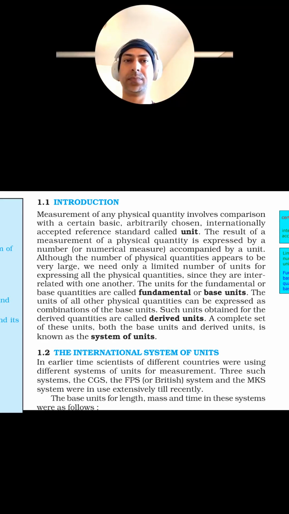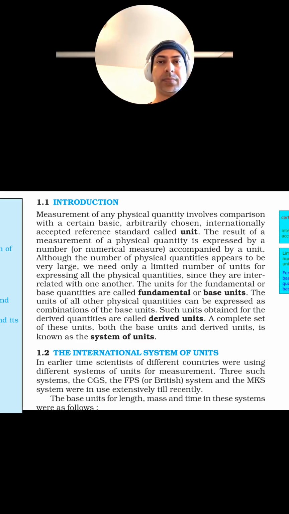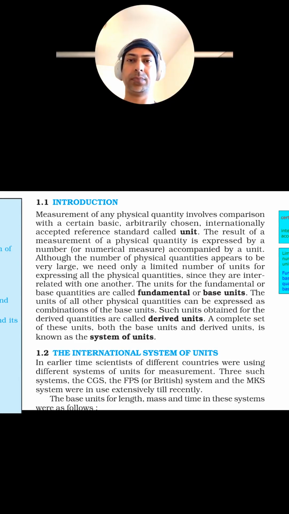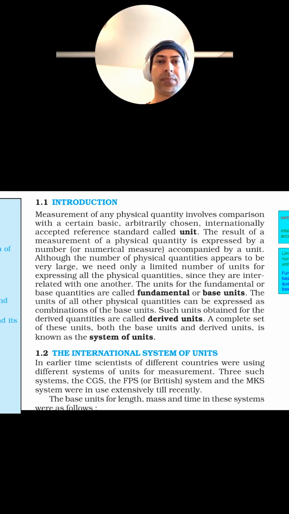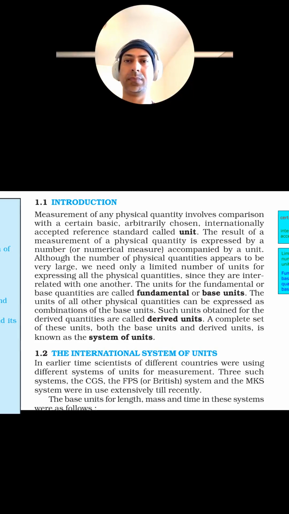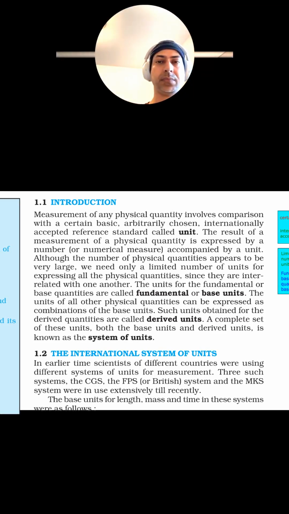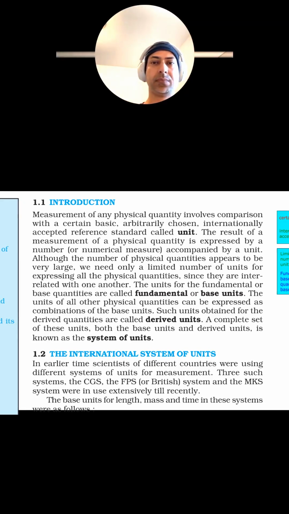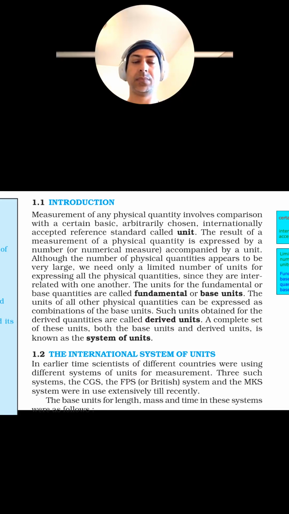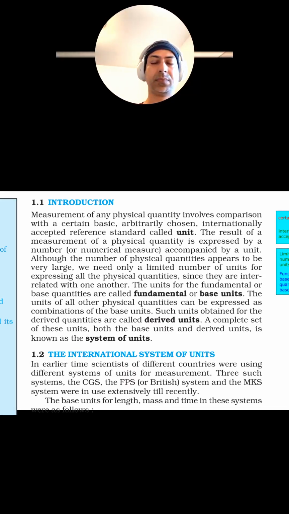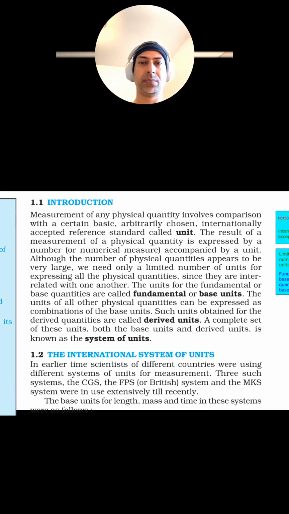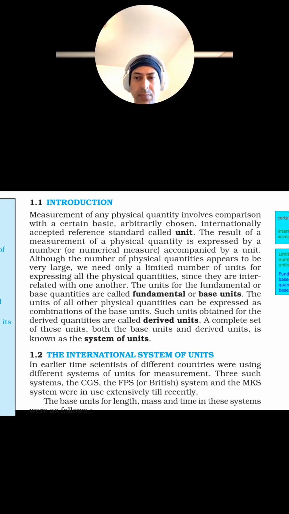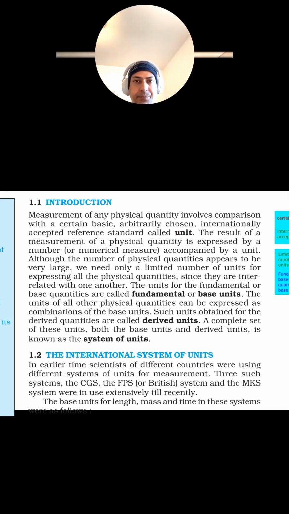The result of a measurement of a physical quantity is expressed by a number or numerical measure, accompanied by a unit. Although the number of physical quantities appears to be very large, we need only a limited number of units for expressing all the physical quantities, since they are interrelated with one another. The units for the fundamental or base quantities are called fundamental or base units.